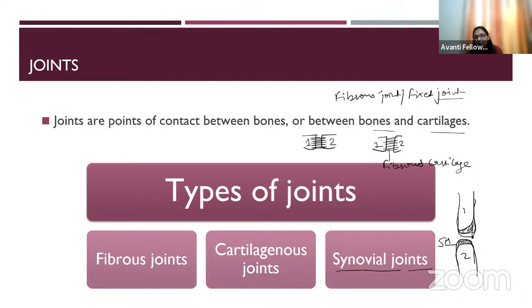This synovial membrane secretes the synovial fluid in the cavity, which makes the movement easy. So synovial joints show movement. Cartilaginous joints show slight movement, and fibrous joints are fixed, they show no movement.